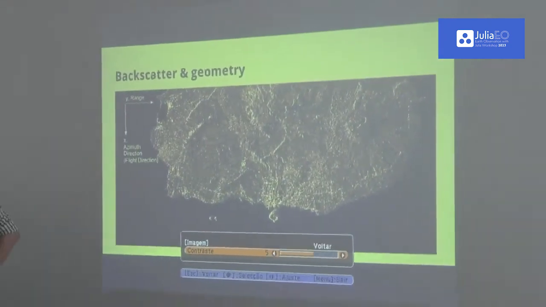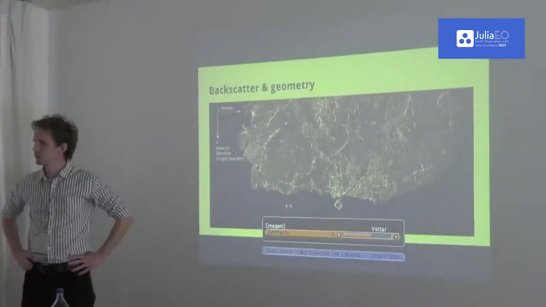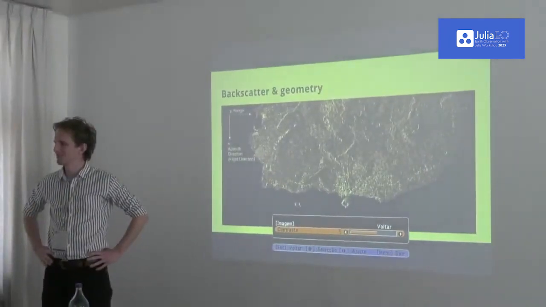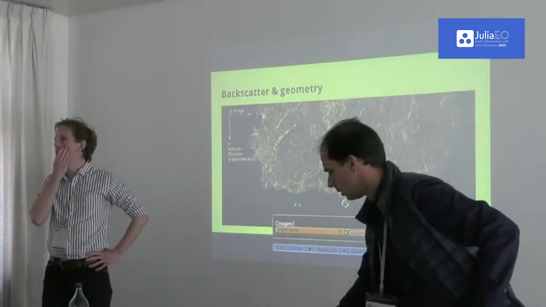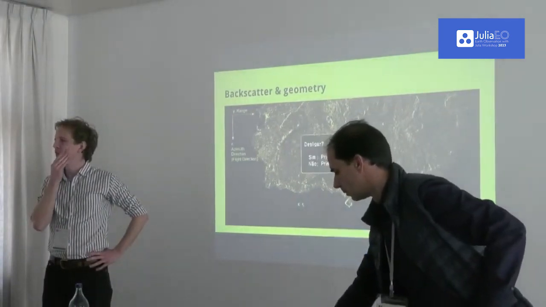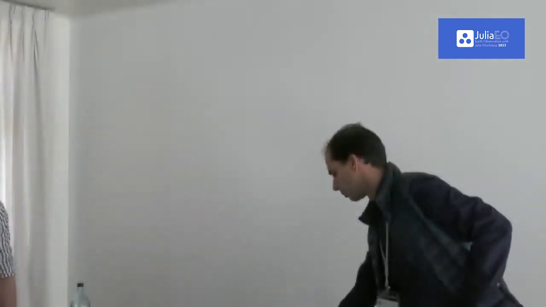So you don't see anything. But a fun thing with SAR is that some wavelengths can actually penetrate some dry soil, like sand or snow. But I haven't worked with that. But not water. Water is completely reflected.